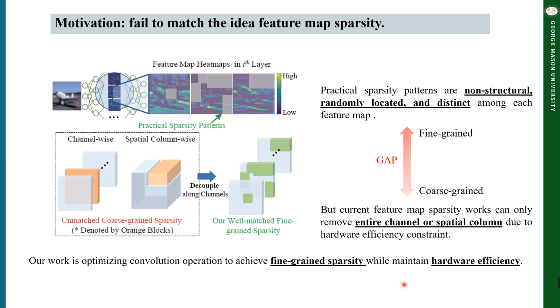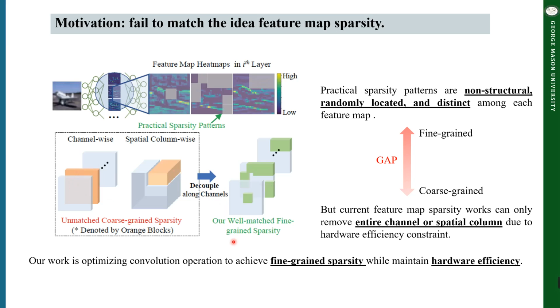Also, if we review the sparsities on the feature maps, we will find that the practical sparsity patterns are actually non-structural, randomly located, and distinct among each feature map, and they also have fine granularity. However, the current feature map sparsity works can only remove the entire channel or the spatial column due to the hardware efficiency constraint.